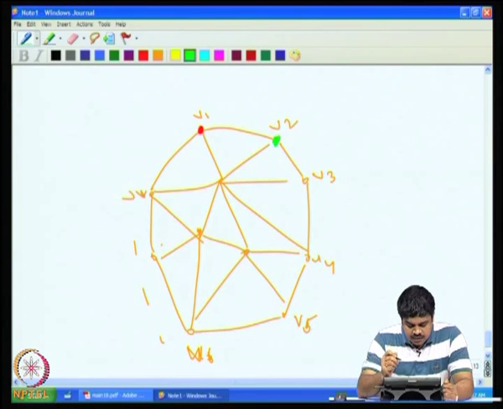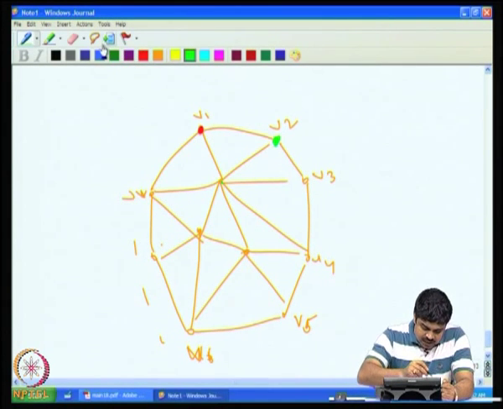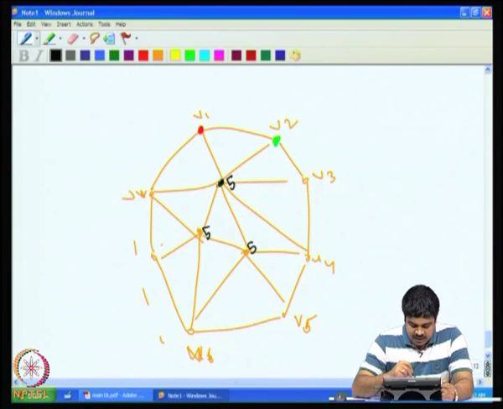Now we will say that the lists are there for a vertex like this. For a vertex like this, there are 5 colors associated in the lists.